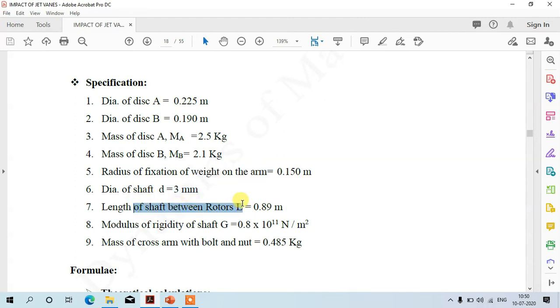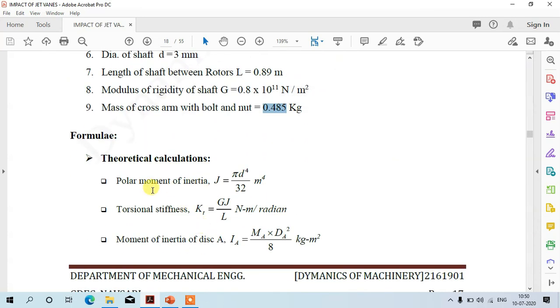Length of the shaft between two rotors is 0.89 meter, and modulus of rigidity of shaft G is given as 0.8 into 10^-11 Newton per meter square. Mass of cross arm with bolt and nut is given as 0.485 kg. We will add the mass attached to the cross arm to this one, and that will give us capital M1.